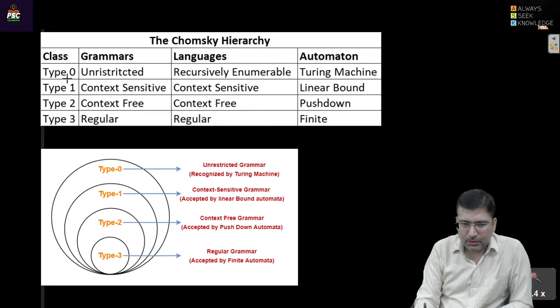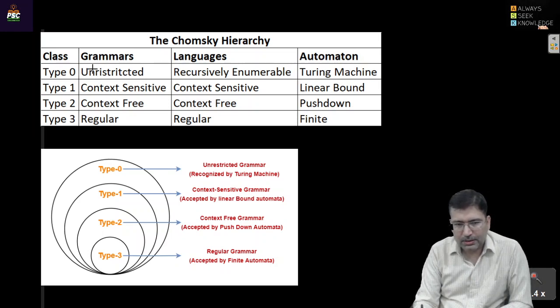Type 0 languages use unrestricted grammar, which we will discuss later. For the moment, just remember that type 0 languages use unrestricted grammar, and these languages are also considered recursively enumerable languages. To accept or generate such languages, Turing machines are required.